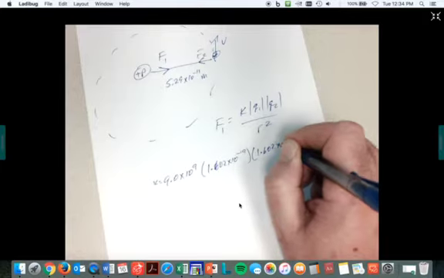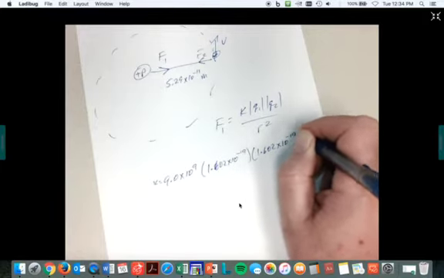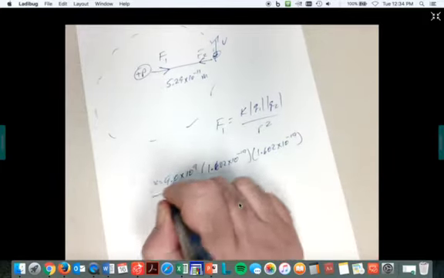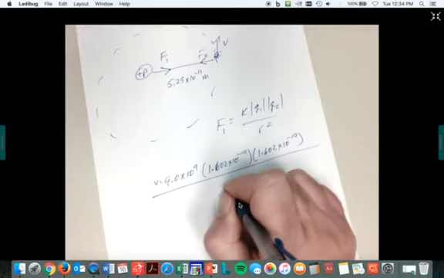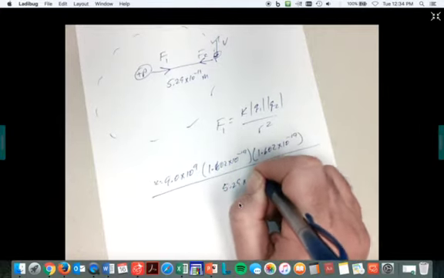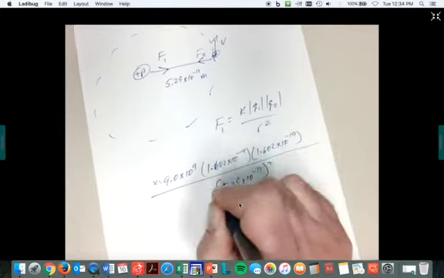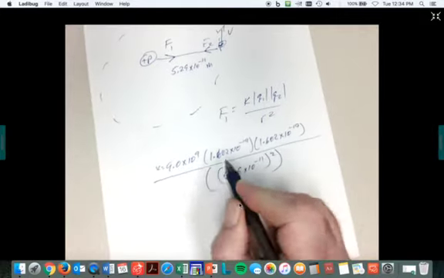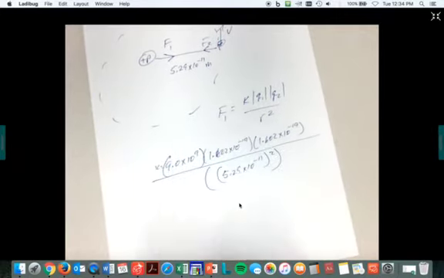I just make them both positive, taking the absolute values of both of them, divided by 5.29 times 10 to the negative 11 squared. I'm going to do it that way because this is the way I put it into my calculator. Watch and learn, people.